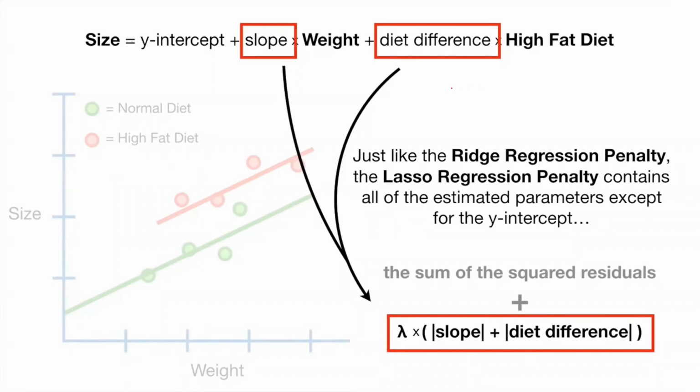So if you have y equals m1x1 plus m2x2 plus c, and we introduce a ridge regression or a lasso regression, it will basically work on both of them, right? But it will not work on the y-intercept, obviously, because there is no variable associated to it.